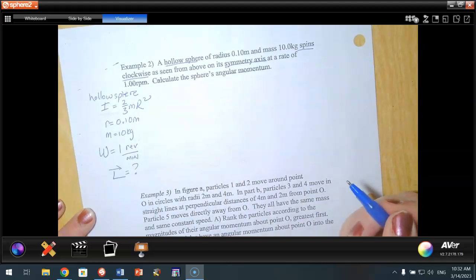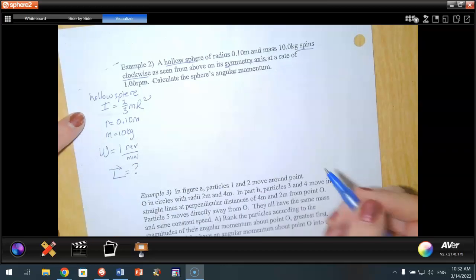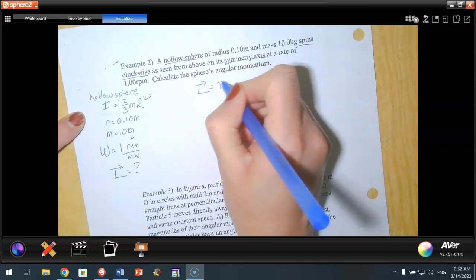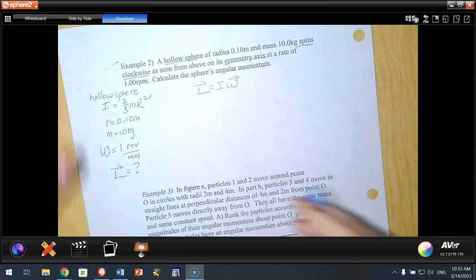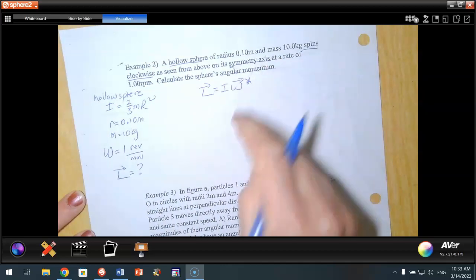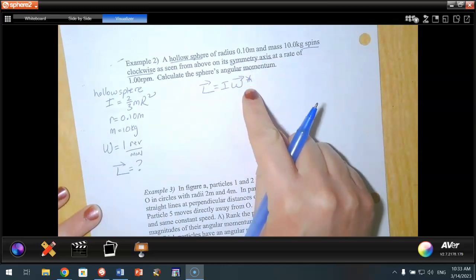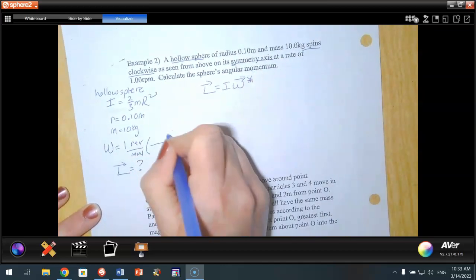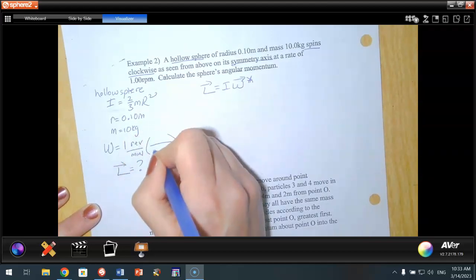For this one, based on what they gave me, I'm going to use the L equals I omega formula rather than the R cross P formula, because the R cross P would involve having to know the velocity and all that kind of stuff, which I don't know. This is a formula where omega has to be in radians. So let's quickly change this 1 rev per minute to radians per second.